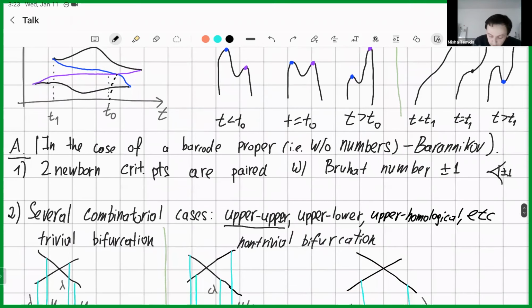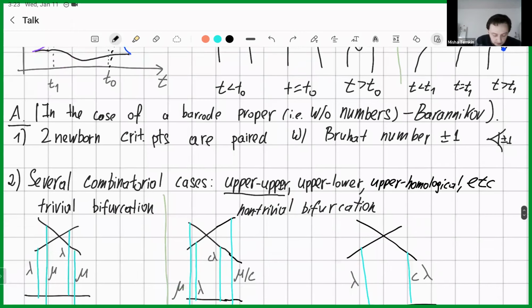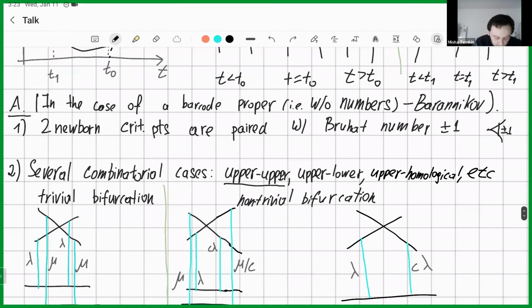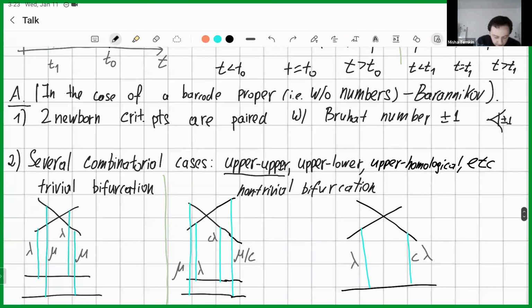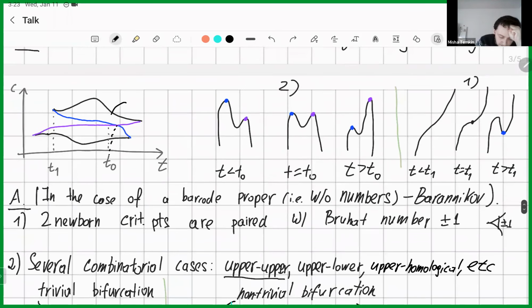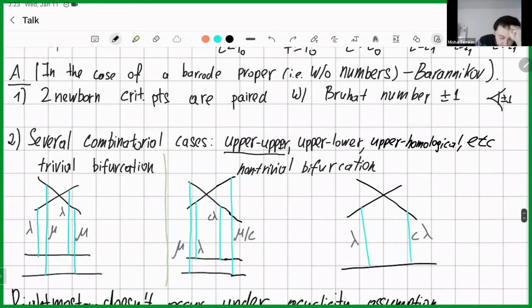So there are two types of bifurcations. First, the trivial bifurcation. The trivial bifurcation is depicted on the left. So the pairing doesn't change. What is drawn here is the part of the Serre diagram which corresponds to this. So this picture is the local picture of the Serre diagram, zoomed in.